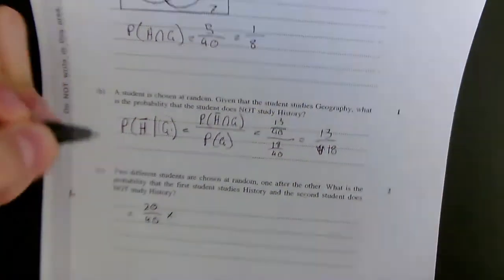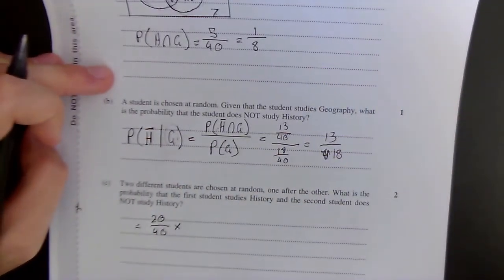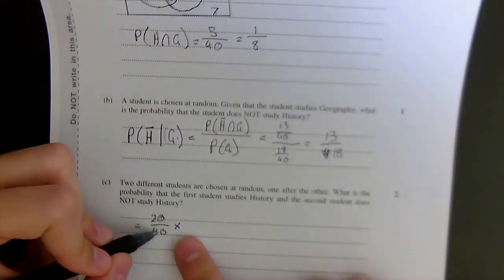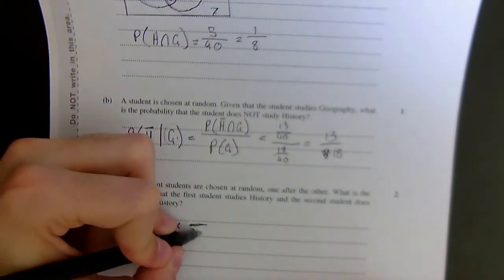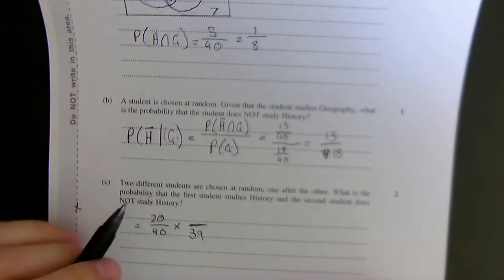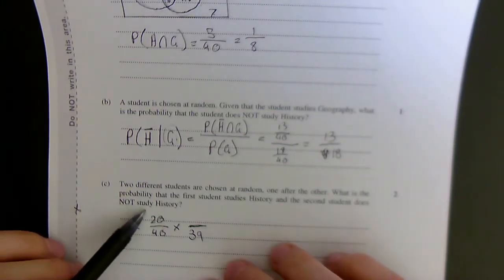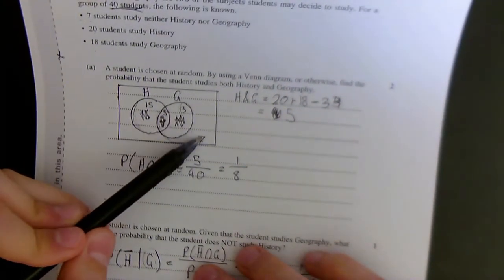And we're going to multiply this probability by the probability of the next student not studying history. So now we've picked one student, so now the total amount of students we have is over 39. And the question is, well, how many students now don't study history? And that's still this 13 plus 7, so that's still 20.